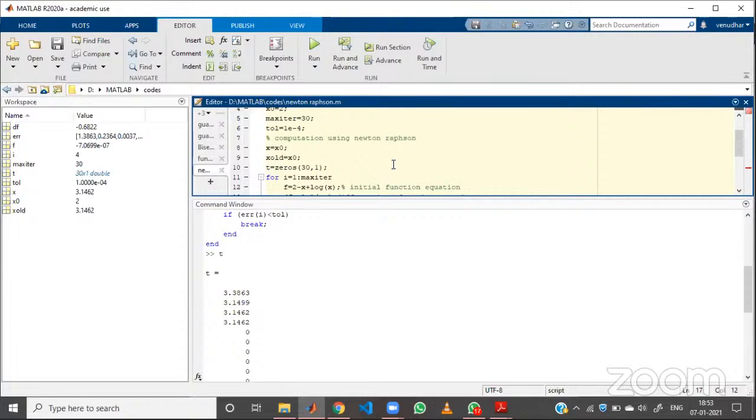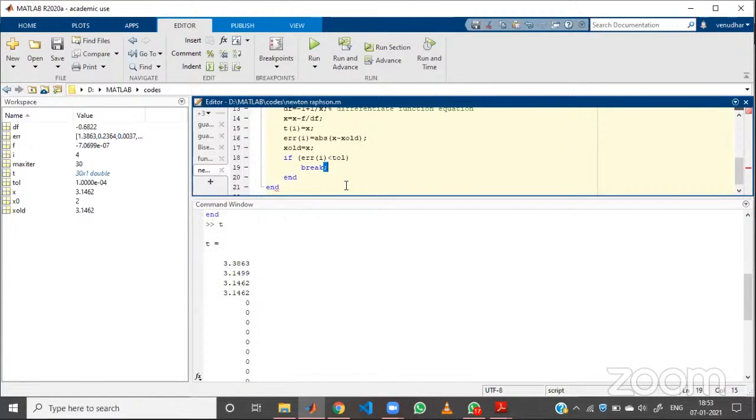After that, this statement got executed: if error of i is less than tolerance of x, the loop will break and the final answer will be x. Why did it execute? Because error of i is less than tolerance of x, which we have already assigned. Tol of x is 1e raised to power minus 4.